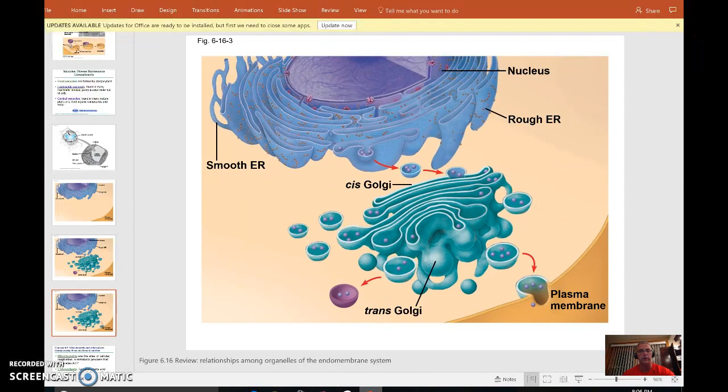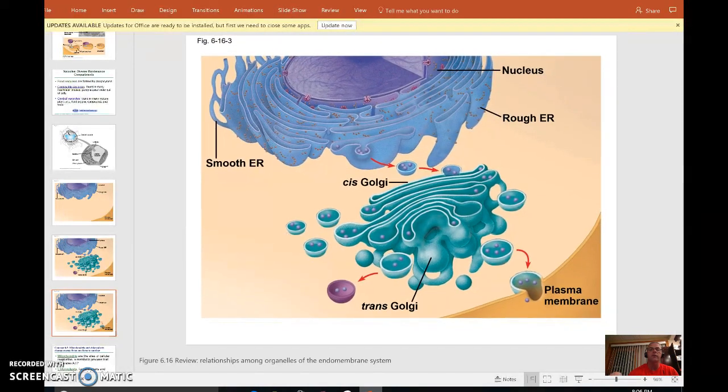I think if we finish off this section just by looking at this slide, what we'll notice is there's a connectivity between all the different structures. We're going to notice that there is a continuous nature between the nuclear membrane and the ER. You clearly have two distinct regions of the ER with totally different functionality. Even though they're connected, they have different functions.